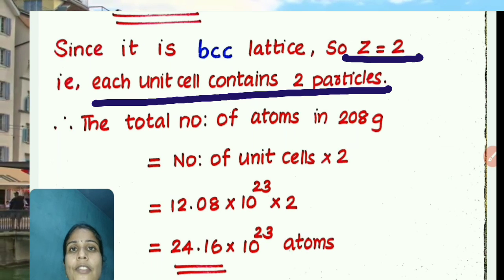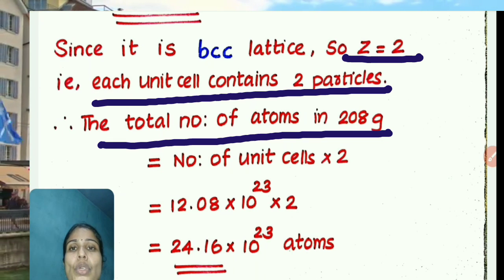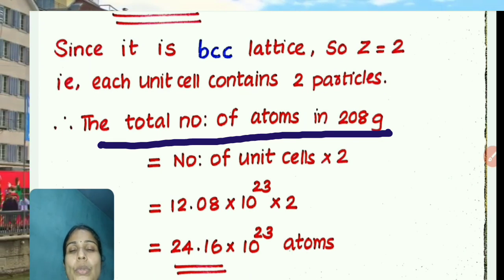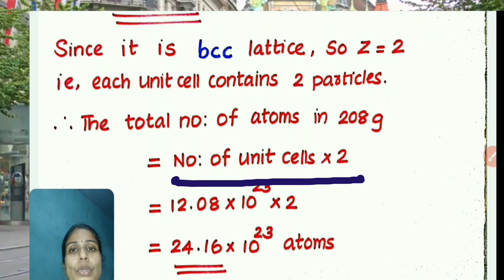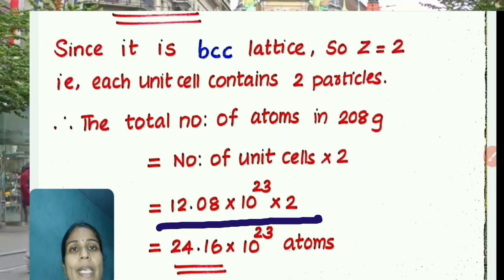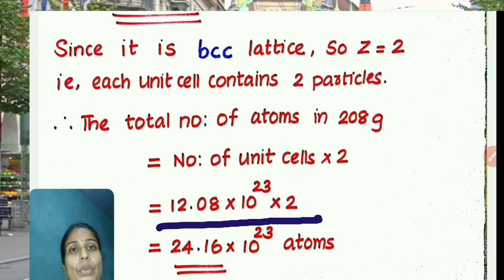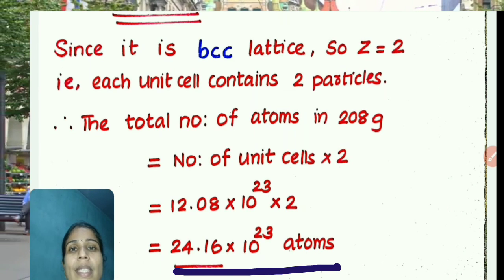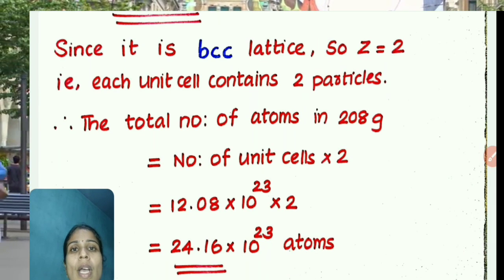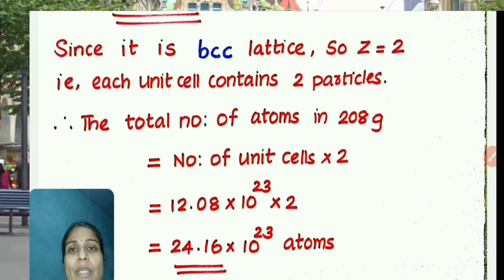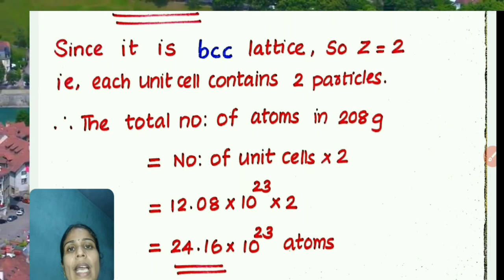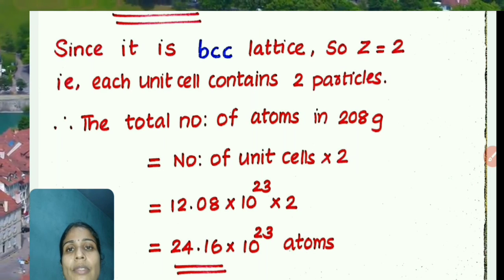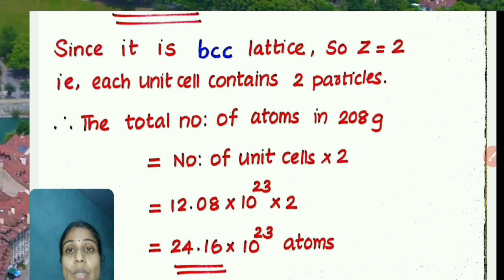Therefore, the total number of atoms in 208 gram of the element is equal to number of unit cells into 2. That is 12.08 into 10 raised to 23 into 2, which is equal to 24.16 into 10 raised to 23 atoms. So, these are the total number of atoms present in 208 gram of the element, which is 24.16 into 10 raised to 23 atoms.